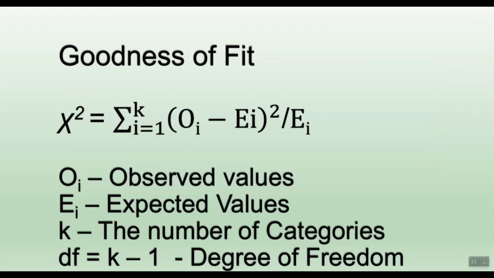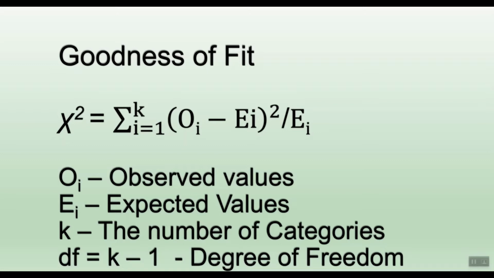One of the applications of a chi-square distribution is the goodness of fit test. For instance, if I guess my unknown data may fit a binomial distribution, I can use a chi-square test. The test statistic for a goodness of fit is as follows.